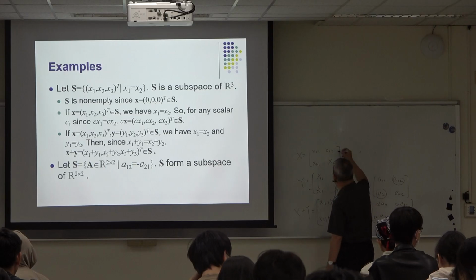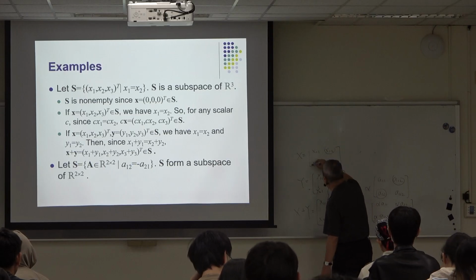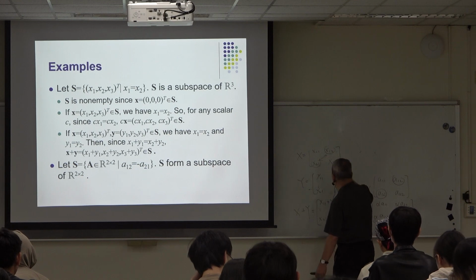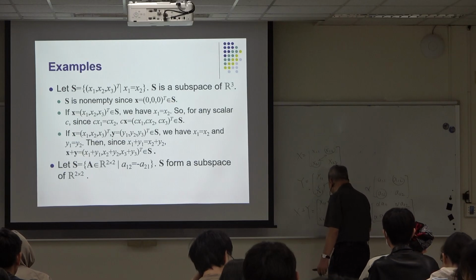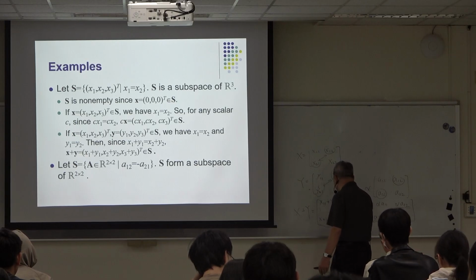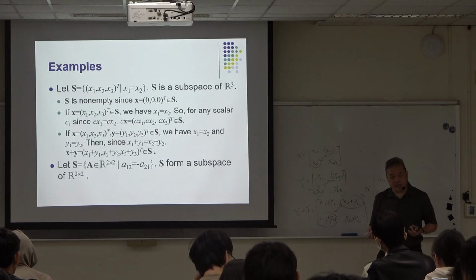Because x12 and x21 are negations of each other, and y12 and y21 are negations of each other, if you add up these two elements, they are still negations of each other, right?